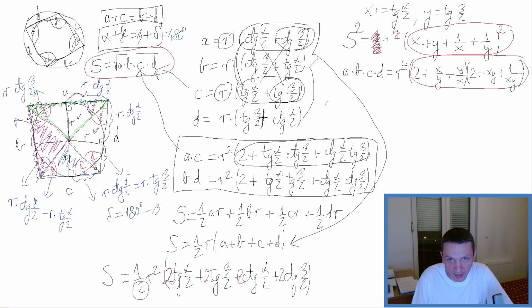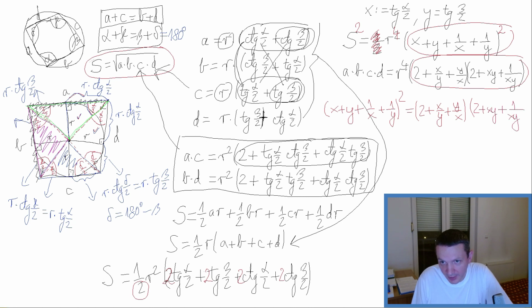We need to show that x plus y plus 1 over x plus 1 over y, squared, is the product of two parentheses. One is 2 plus x over y plus y over x, and the second one is 2 plus xy plus 1 over xy.